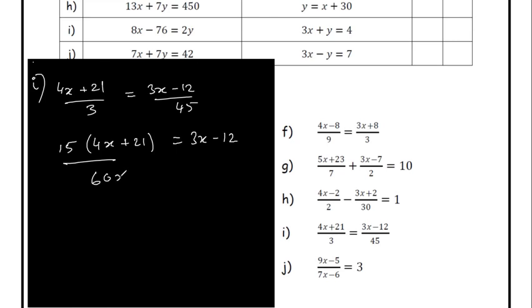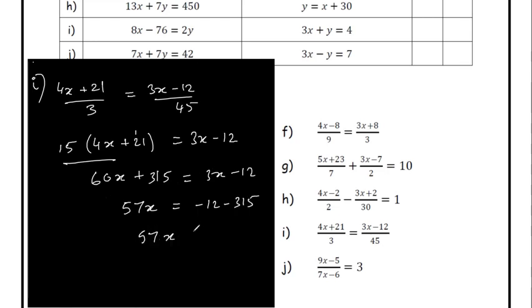That's 60x. And then 15 times 21 is 15 ones are 15, 15 to the 30, 31, 315, 3x minus 12. Yeah? Okay. So 60x and 3x gives you 57x, and that is negative 12, negative 315.